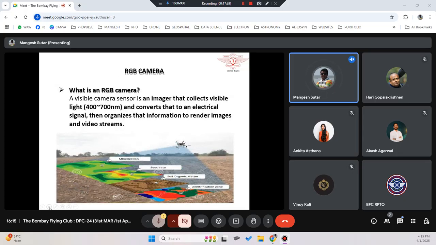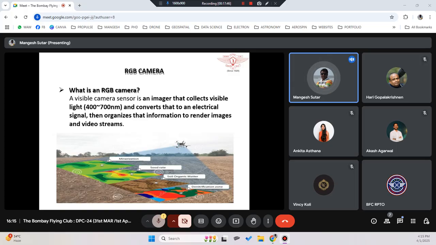Again, there are different types of pictures you can capture through RGB, like mineralization, seed rate, soil organic matter, or denitrification zones. Based on what we want to analyze, a lot of people do crop monitoring or soil monitoring.